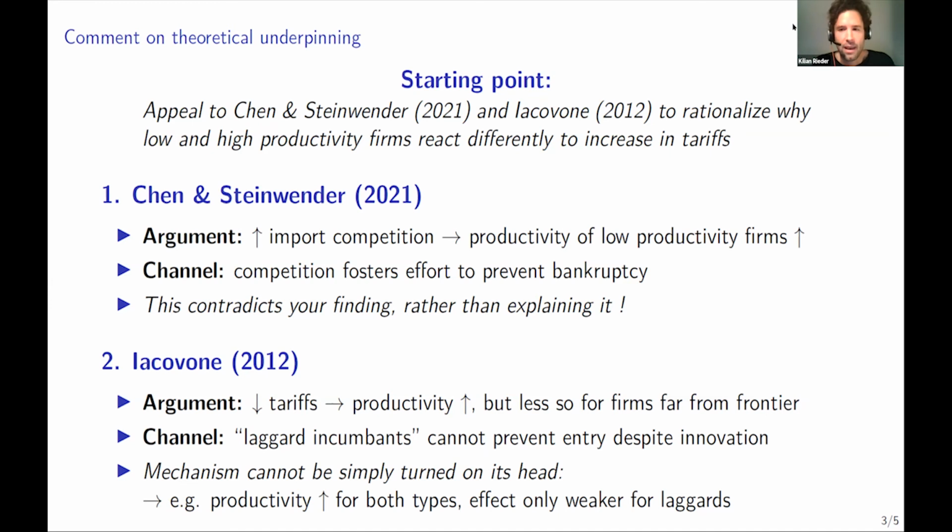And I'm skeptical about the way that you use that mechanism by turning it on its head in the paper, because in his model, the productivity increases actually happen for both types. It's just that they are less strong for the laggards. So I'm a little bit skeptical about your attempt to turn that around.